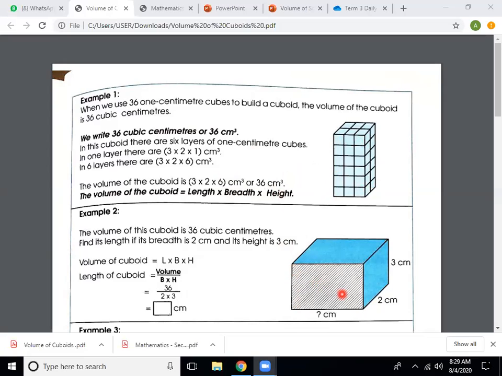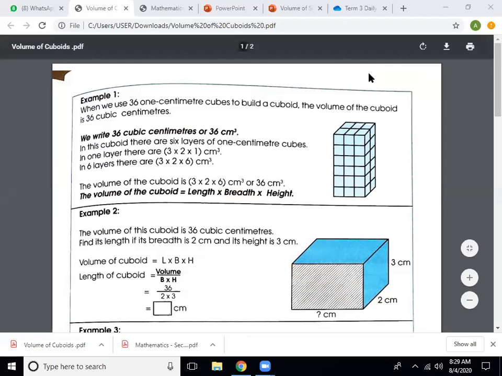Everything cannot be equal. That's why we go length, breadth, and height. We do not say side, side, side. We say length, breadth, height. So it's very important to understand it's not a big change. It's not like there's a big difference.